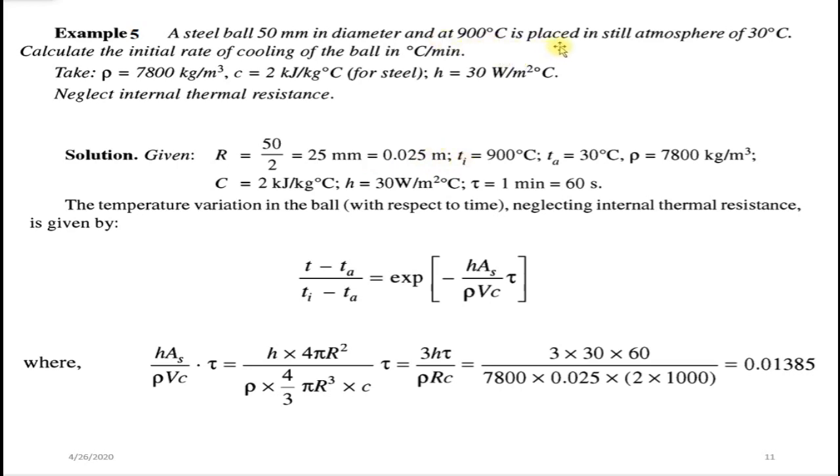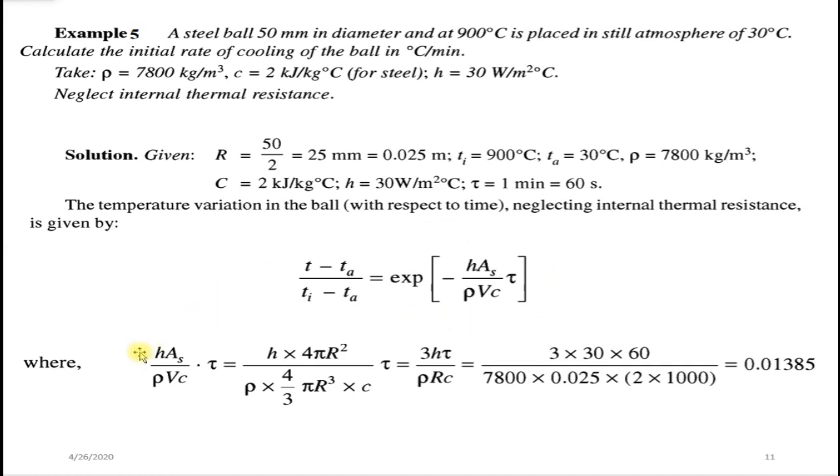It is placed in an atmosphere of 30, so ambient TA is 30 degrees Celsius. Density, Cp and h values are given. Time t is 1 minute; please remember you have to convert minutes into seconds. The temperature variation in the ball with respect to time, neglecting internal thermal resistance, is given by this temperature distribution equation from lumped system analysis.